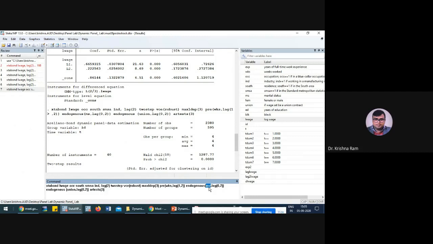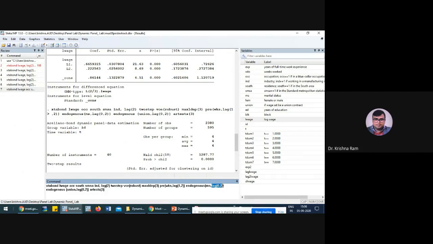So MS it is correlated with the current year, if t is the current year, so MS it is related with epsilon it, which is the current year error term. And because of that, this particular variable becomes endogenous.